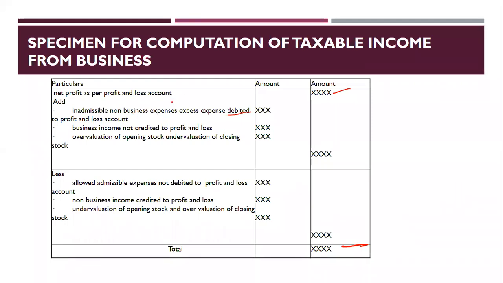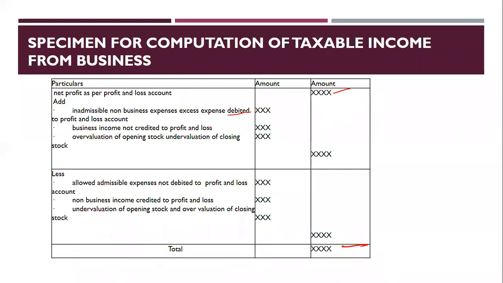Why are we adding this? Because of this, my profit has been shown at less. To rectify that only I am adding this. Am I clear?